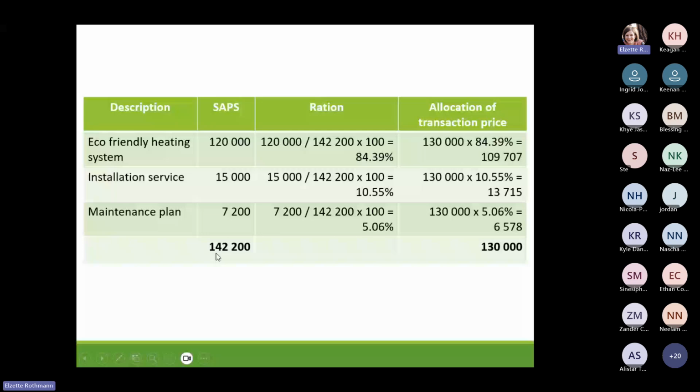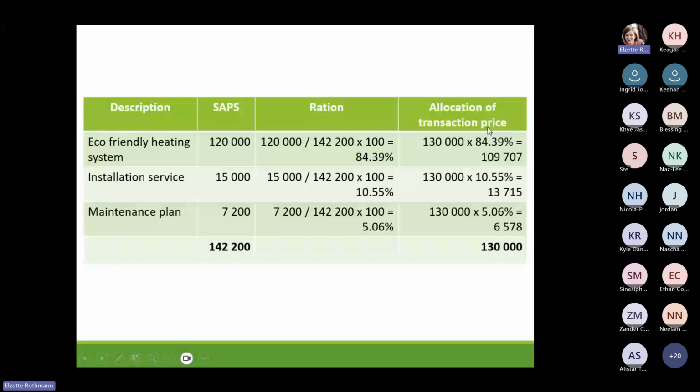But because they tell us now that this company purchased all 3 and they only pay 130,000, meaning we cannot recognize revenue of 142,200 because that's not the money that we've received. We can only recognize a maximum of 130,000. So then on the right-hand side, allocation of transaction price, you put 130,000.